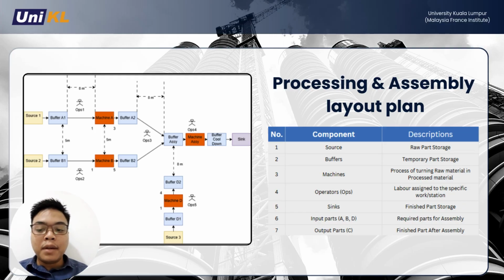The parts in the assembly buffer will be used in the assembly machine to be assembled as part C. The completed part will be sent to the cool down buffer before storing the part in the sink. Each machine and buffer has an operator assigned for processing, assembly, and transporting parts.